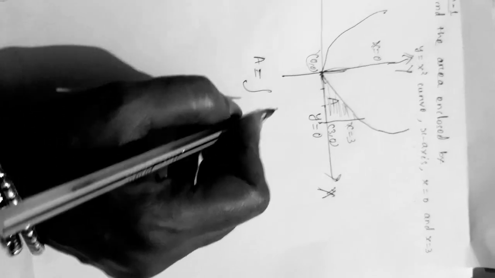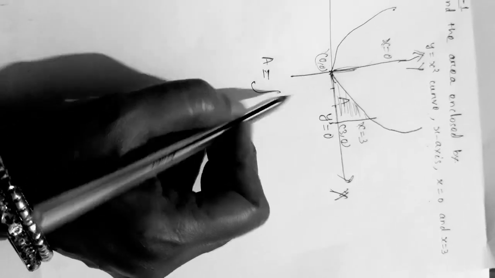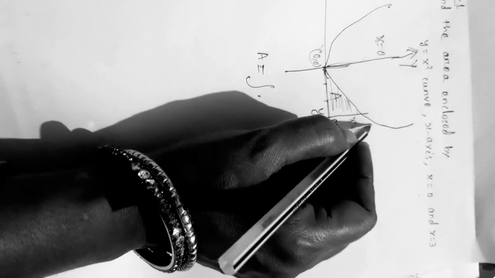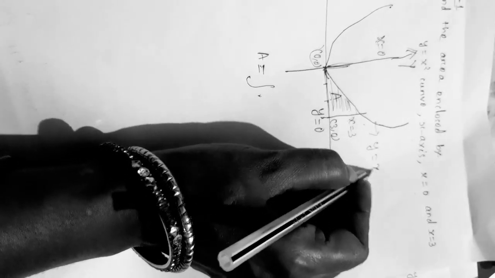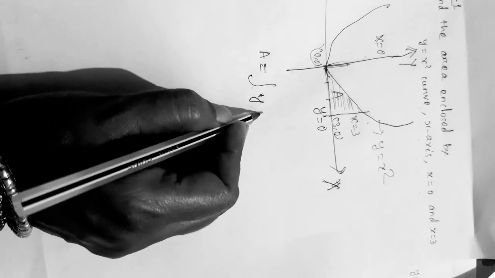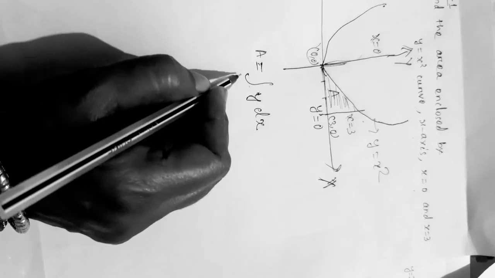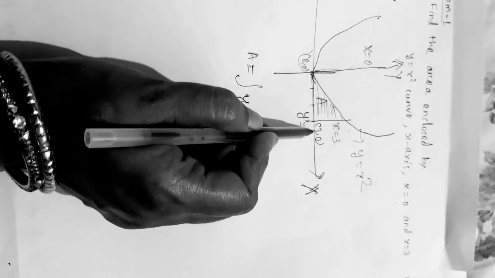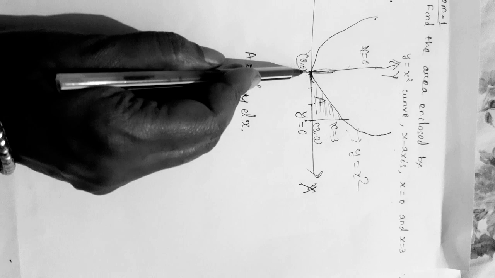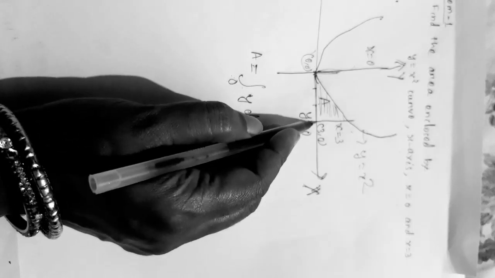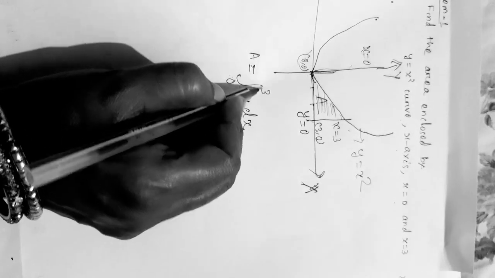then we can get this area by evaluating the definite integral. You have to integrate y, this is your curve y equal to x square, with respect to x from x equal to 0 to x equal to 3, as the x coordinate of this endpoint is 0 and the x coordinate of this endpoint is 3.